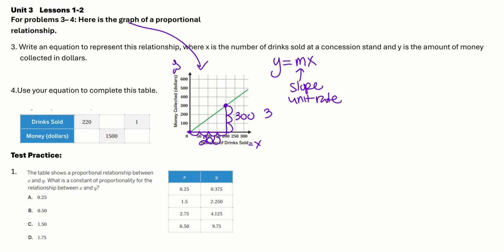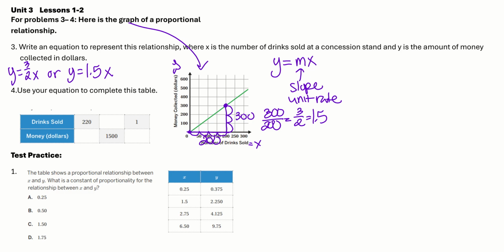So I go height over base, and then I'm going to reduce this by 100, and I get 3 over 2. Now we can leave it like that, but if you would like, we can divide it out and get this. So I'm going to write 2 versions. So we can have Y equals 3 over 2x, or Y equals 1.5x. Those are equivalent and equal, okay, because this is our equation that we're using that I wrote over here.